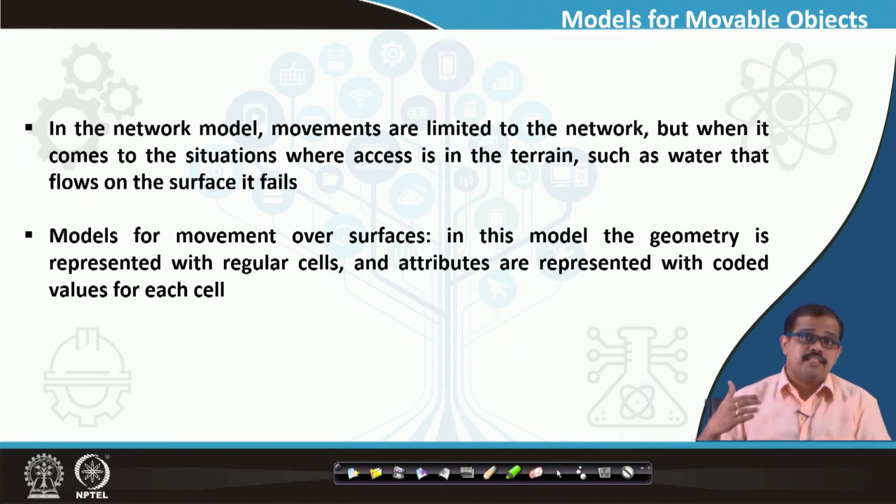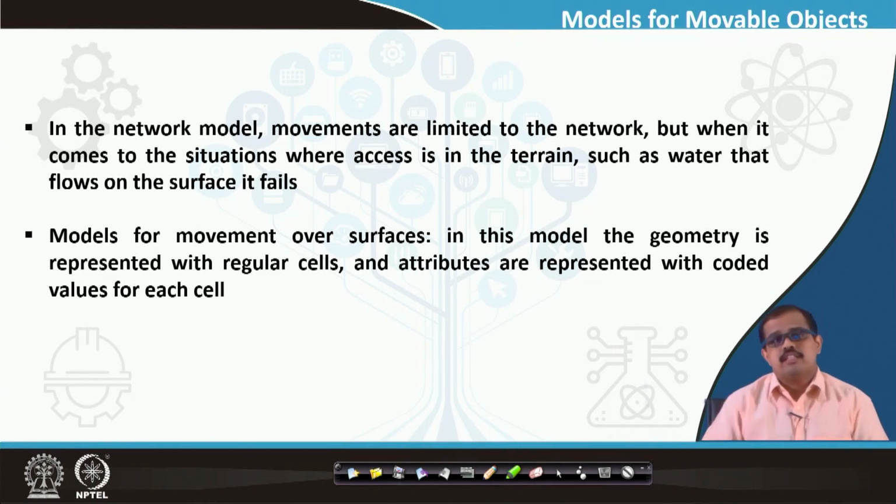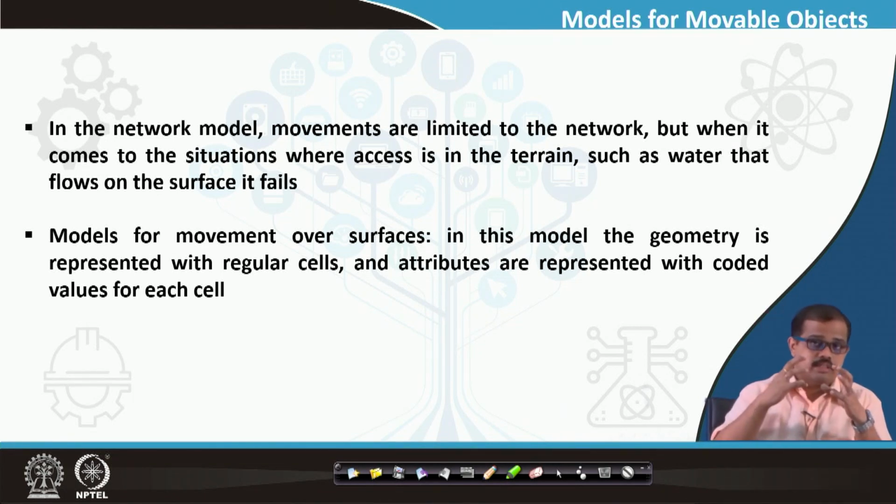If you can represent that movement as a geometry of regular cells, with attributes represented as the coded values of each cell, then your model can represent even events such as the water flow on the surface. So, that is the thing that we learned.